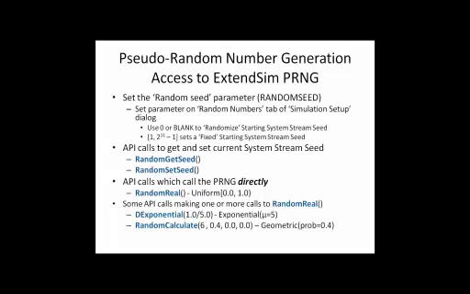So the seed is perpetually produced by the last time we call the recurrence equation. So these two API calls first allow us to get the current value that is being used for the system stream seed.